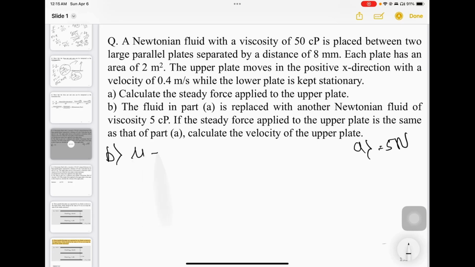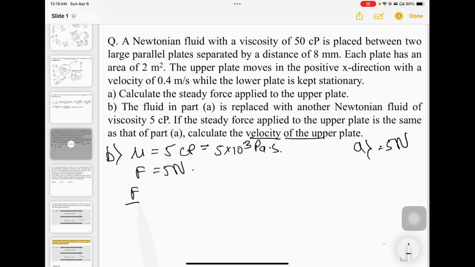Mu will be changed to 5 centipoise, which is equal to 5 into 10 raised to the power minus 3 Pascal seconds. That's it. Nothing much will be changed. We just have to calculate the velocity if the force remains the same as in part A, which is 5 Newton.